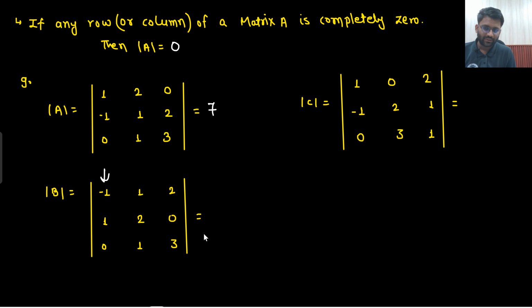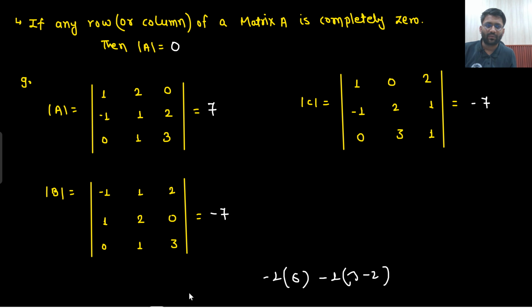I will do that expansion with respect to column 1, because I will get a 0, no? So plus minus, so minus 1, and then 6, then minus 1, and then 3, minus 2. So here the answer you will get is minus 7, and you can do this one as well. Here also you will get the answer minus 7 only, right?